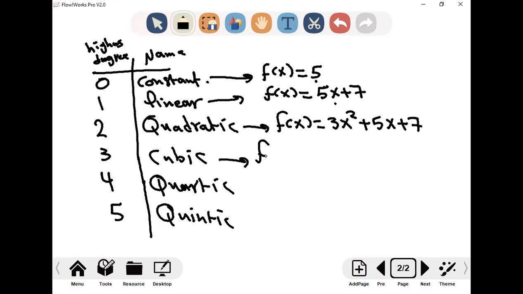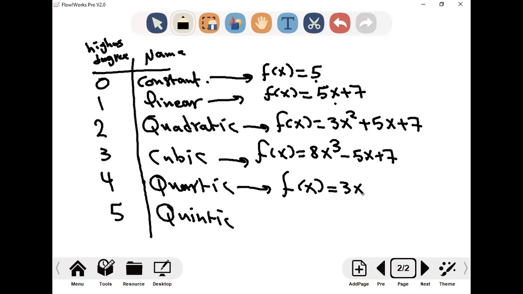Cubic, like f of x equal 8x power 3 minus 5x plus 7. The highest degree is 3, so we call it cubic. Quartic, for example 3x power 4 minus 8. And the quintic, same idea, but with 5 degrees.